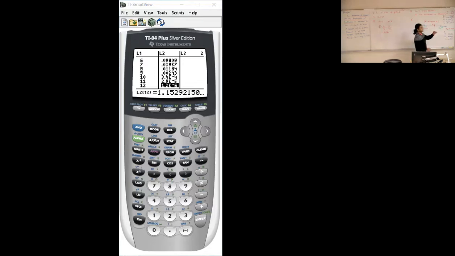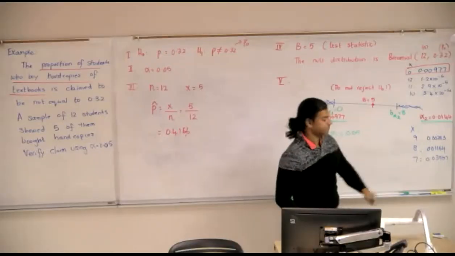One might say, well, let's not bother about the left-hand side. We'll just look at the right-hand side. Even if we allot all of 0.05 to one side, when you add all the way up to 7, you will exceed 0.05, right? So the best place to stop would be right there. The overall alpha that we set was 0.05 in the problem.